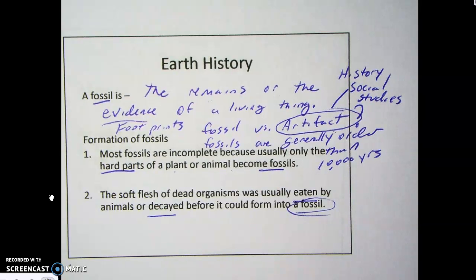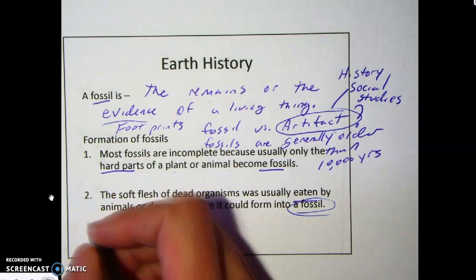So typically the best candidates, the best creatures or organisms for fossilization are those that include hard parts, whether it's wood, shell, bone, or some sort of hard structure like the shell of a crab. Soft-bodied creatures like jellyfish are less likely to become fossils. Doesn't mean that it can't happen, it's just unlikely.